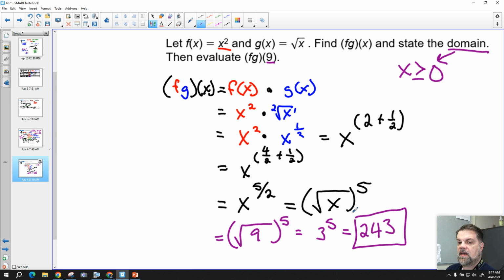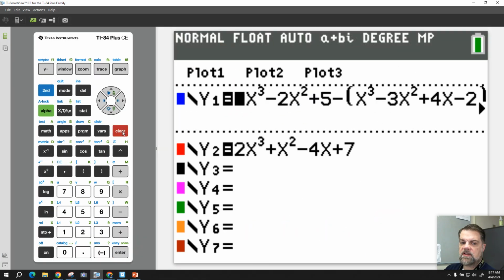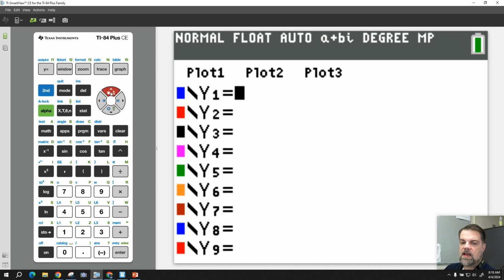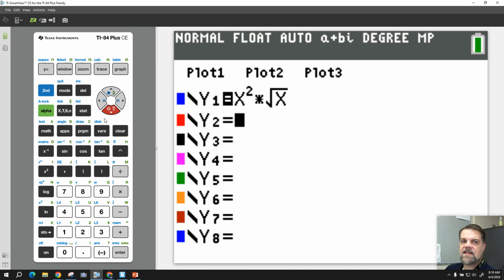How do I verify that? Well, I just put the composite function in, right? So I'm going to go to y equals, clear this out, and up here I'm going to enter x squared times the square root of x. Then down here, what was it?